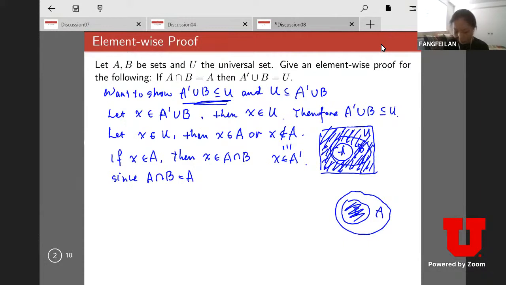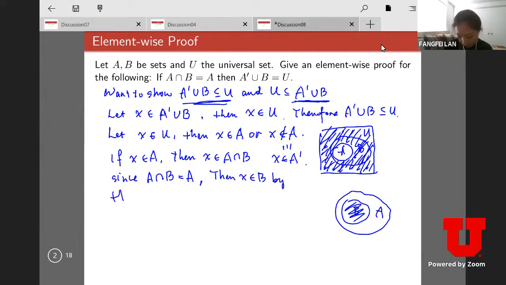So if X is in A, then X is in A intersect B, since A intersect B is A, right? So then we keep going. Remember what we want is that X would be in A complement union B. So since X is in A intersect B, then X is in B, right?